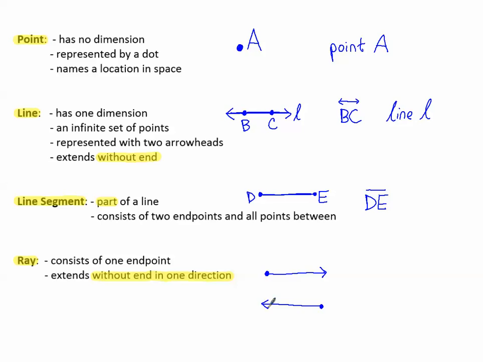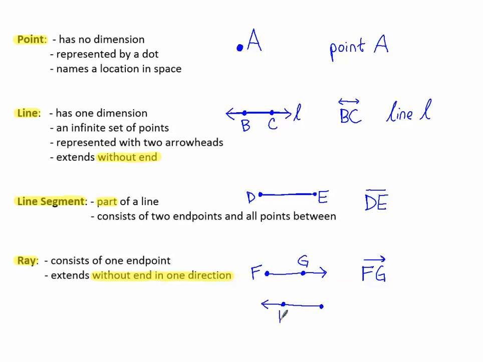If I'm naming the ray, I name it with its endpoint and another point that's on the ray. So if I name the endpoint here F and the other point on the ray G, I would name it ray FG with the ray hat like that.